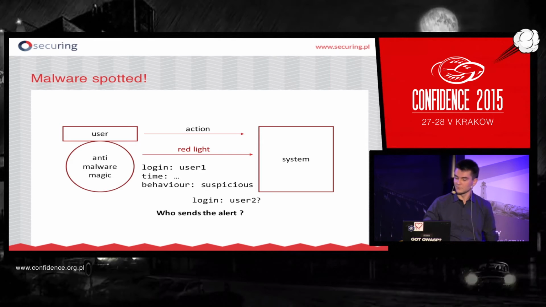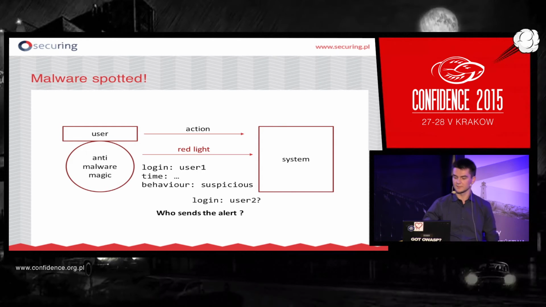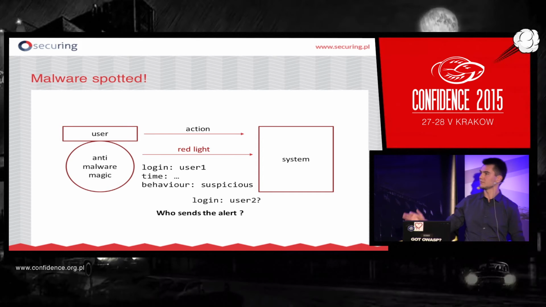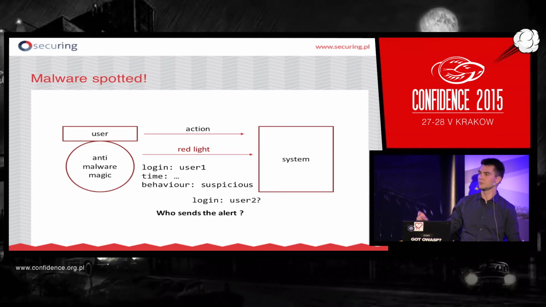For example, manipulate this request. If the browser sends the request of the alert, why not change it and say, okay, this machine is not infected, it's the machine of user 2 who is infected. And actually, it worked pretty well. So in the admin interface, when we viewed the logs, you can see that there was no suspicious activity from user 1, but from user 2.